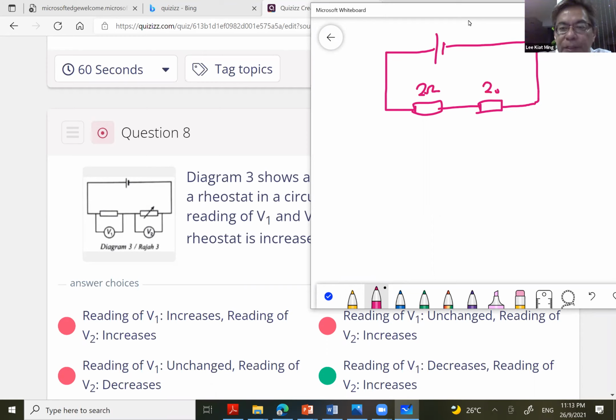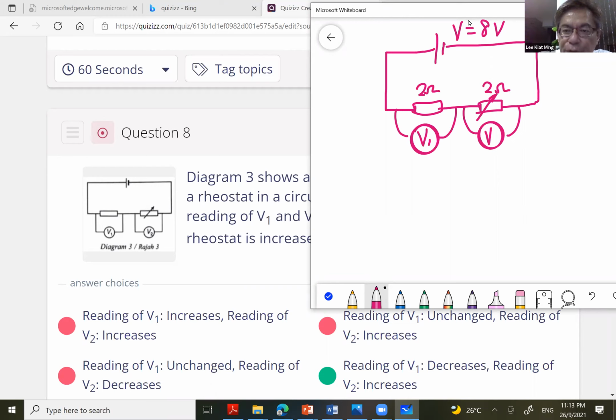So it's going to be 4 ohm total, but I will put the total potential difference as 8 volt. So we are going to do the original calculation for V1 and V2, and then you can make the comparison between V1 and V2 when we increase the rheostat. You see the arrow, there's a rheostat. So we're going to have V1 and V2.